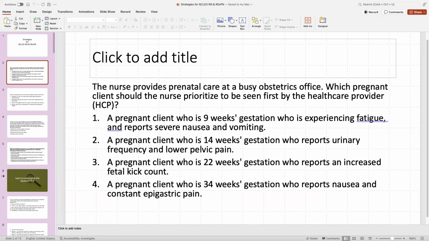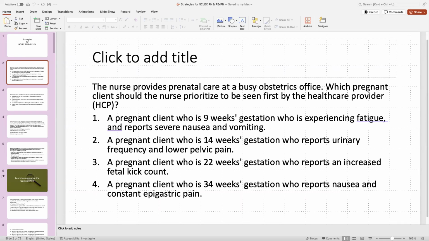Okay, so in the first class we discussed what NCSBN is, what the computer adaptive test, CAT, is, how the scoring works, how the graph works, and all such things. We also discussed a few questions to show you what my class is focusing on.